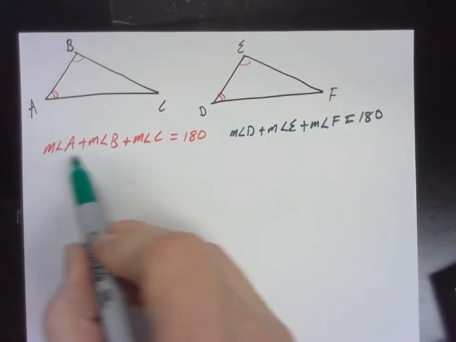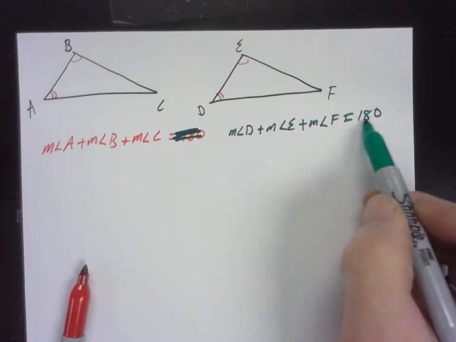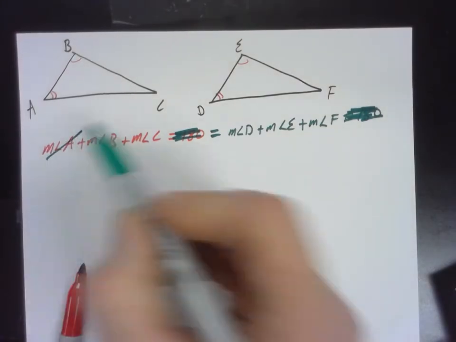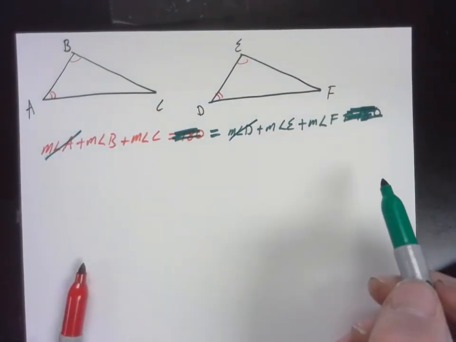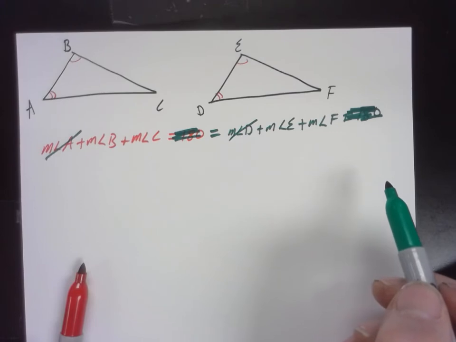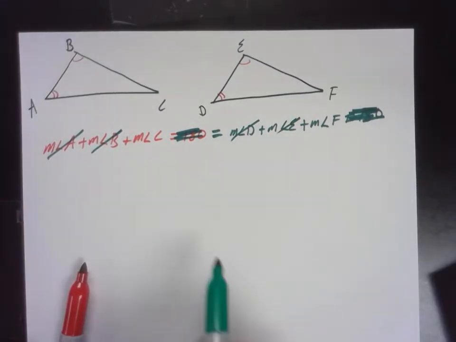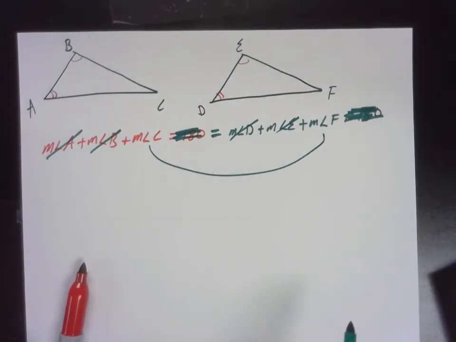They both equal 180, so do they equal each other? They do. And we know A and D are congruent, so we can subtract them from both sides, subtraction property. We know B and E are congruent, subtraction property. And what do we have? Third angle theorem.